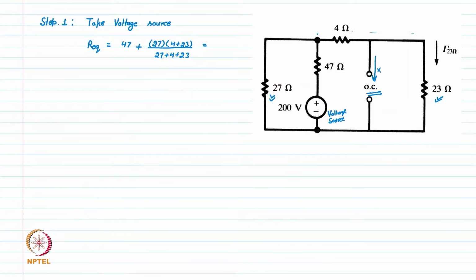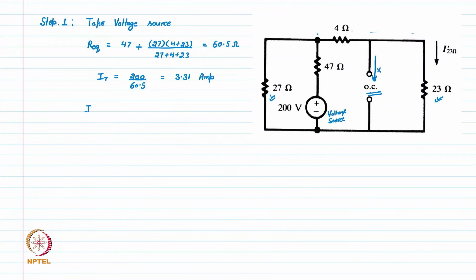This comes out as 60.5 ohm. This is the total resistance seen by this 200 volt voltage source. So IT, the total current, will be 200 volt divided by 60.5. This will be 3.31 amp.